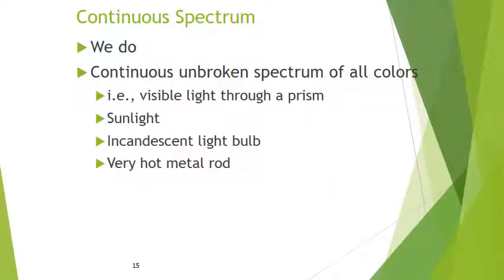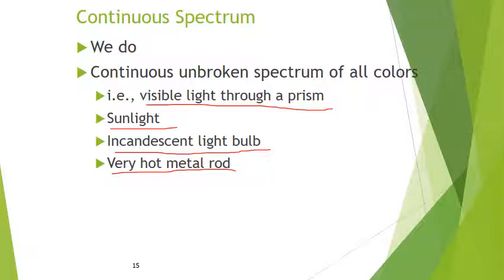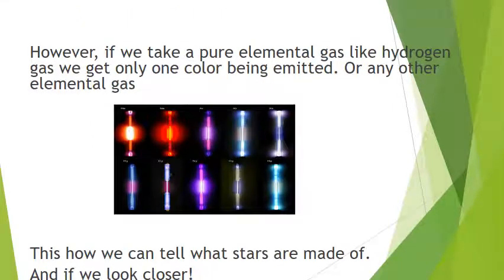And we do see this, okay? We see it with visible light, like the sun. If you were to look at a light bulb, or anything that's really hot, that's indeed what you do see. However, if you take a pure elemental gas like hydrogen gas, we get only one color being emitted, or any other element.